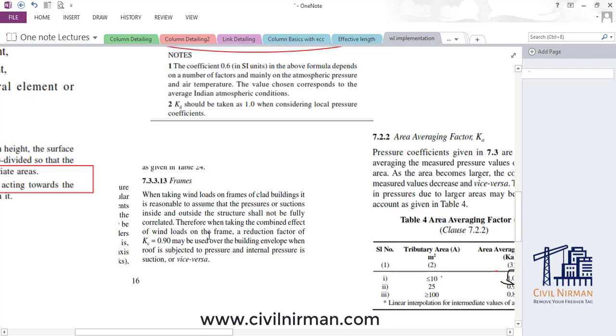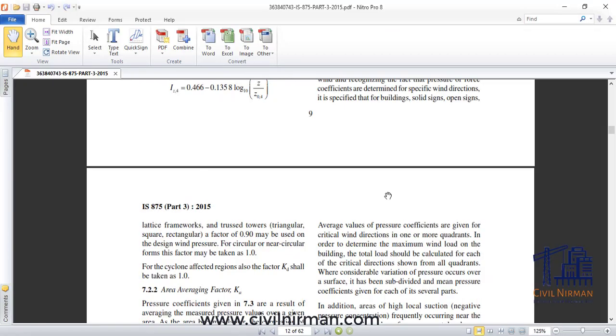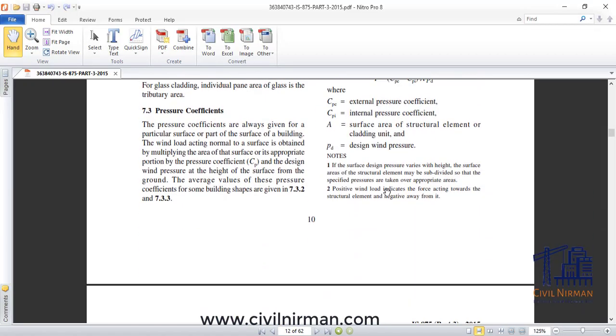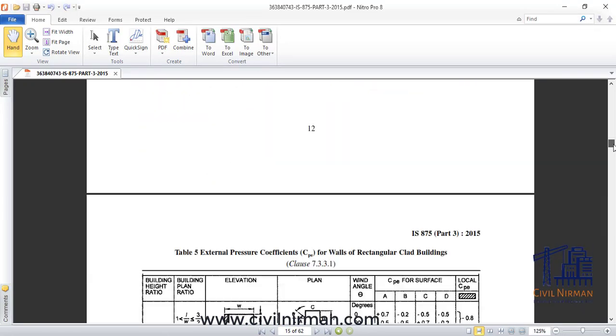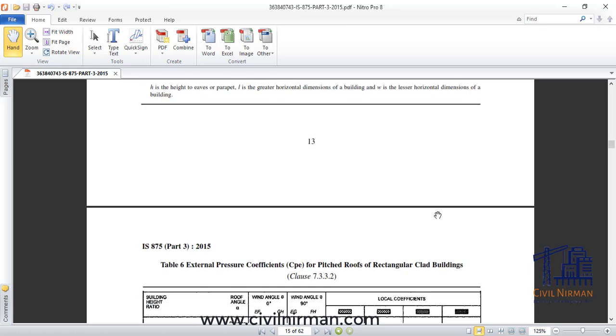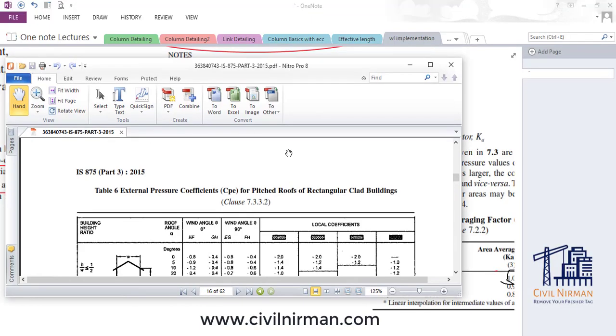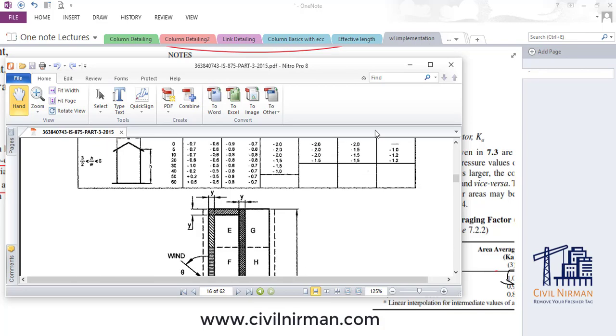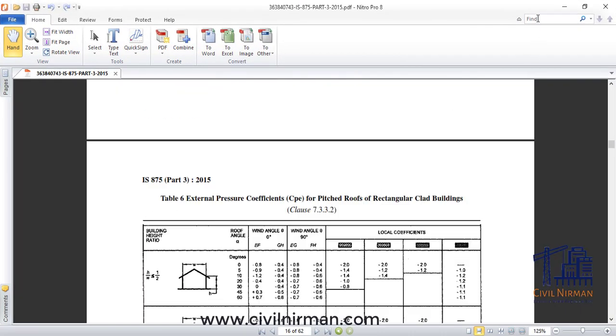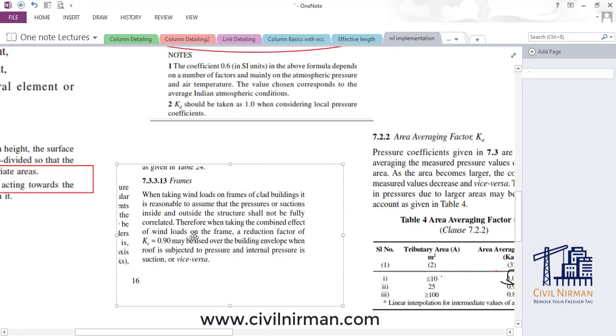Alright, now see, for the KC value on page 16, the clause 7.3.3.13 is mentioned. Let me just take you to that particular clause. Yeah, it's 2015, page number 16.